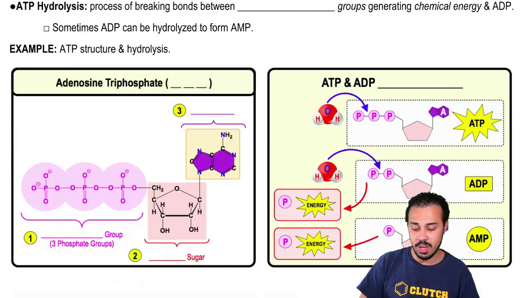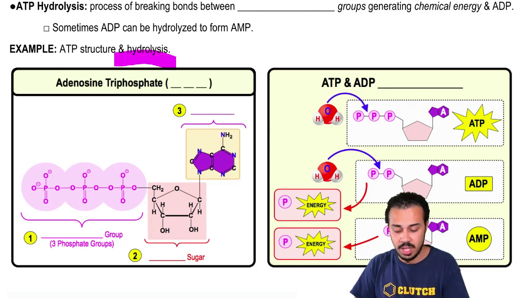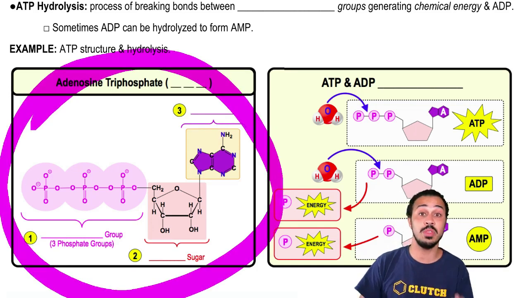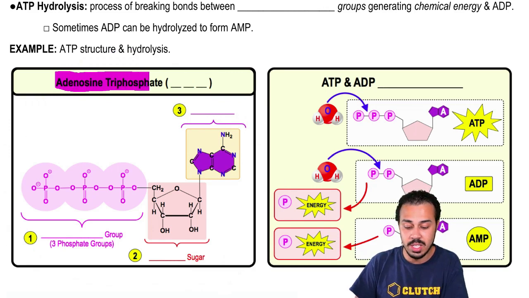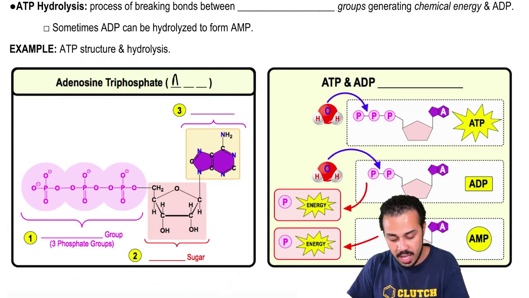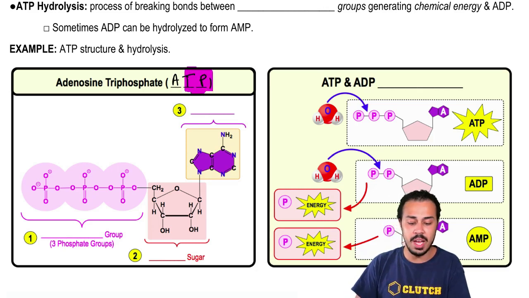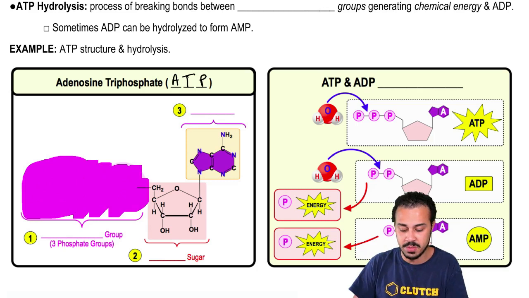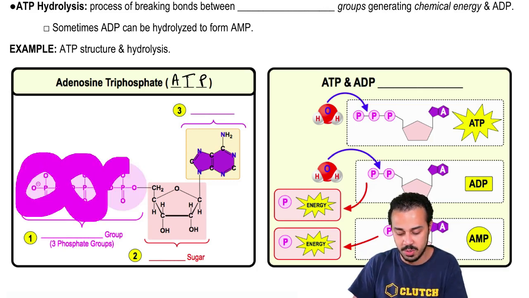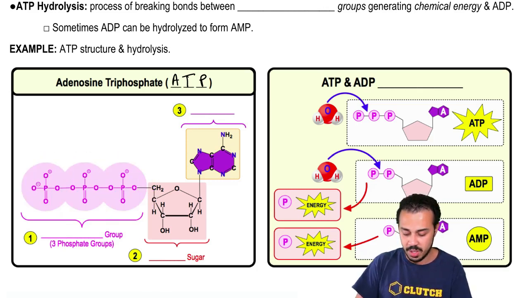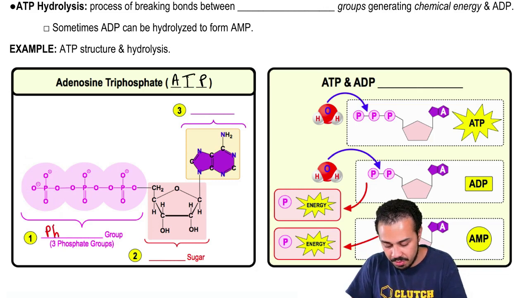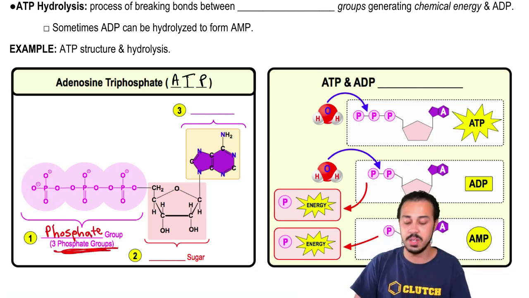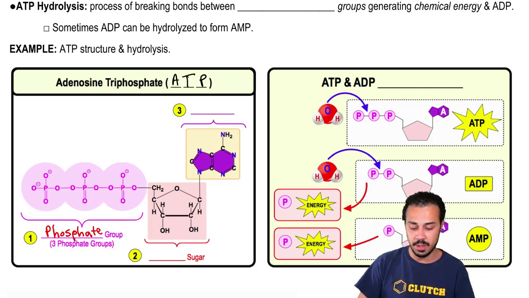And so let's take a look at our image down below over here on the left-hand side to get a better understanding of the three components of adenosine triphosphate, or ATP. And again, the triphosphate part is referring to a chain of three phosphate groups that you see here, 1, 2, and 3. And so we can go ahead and label these as phosphate groups, and there are in fact three phosphate groups on an ATP molecule.